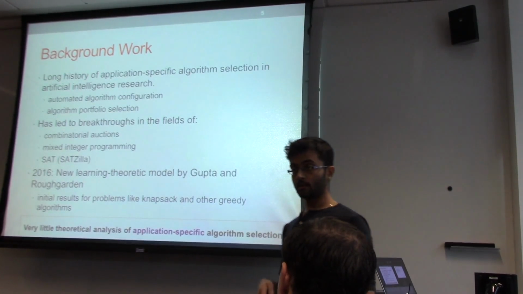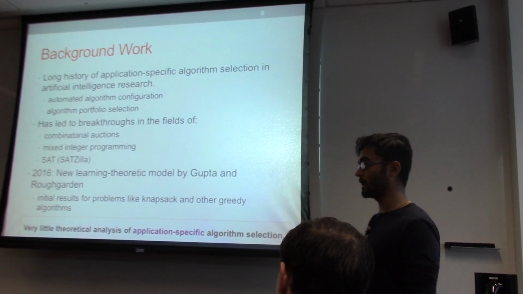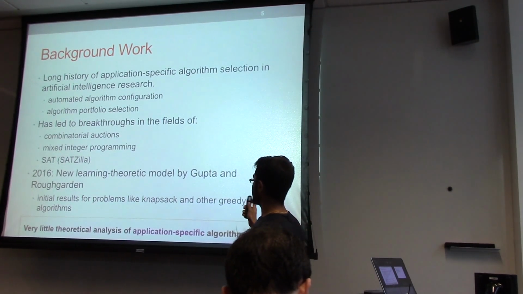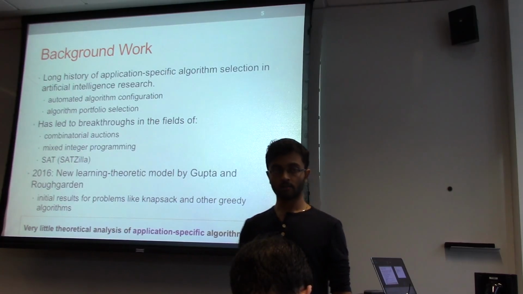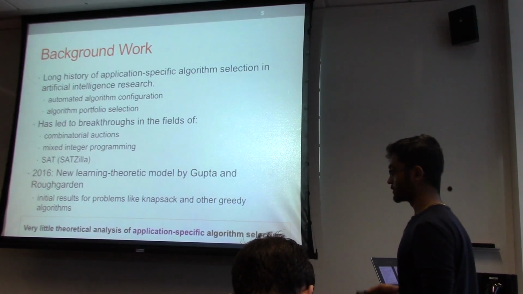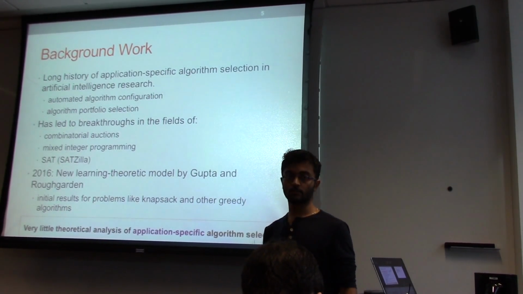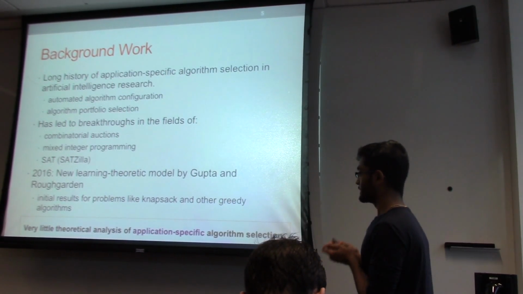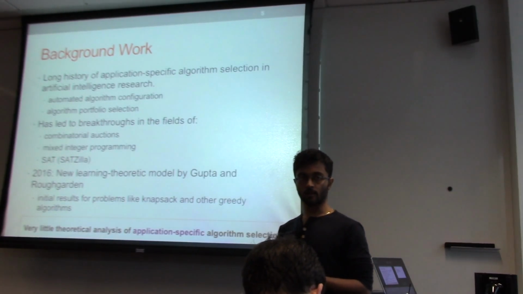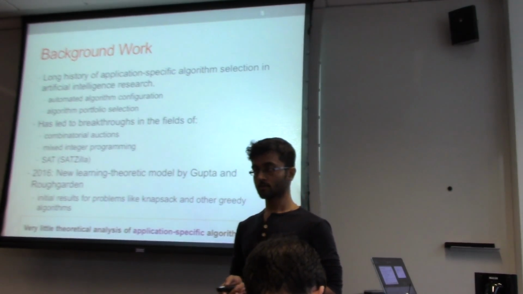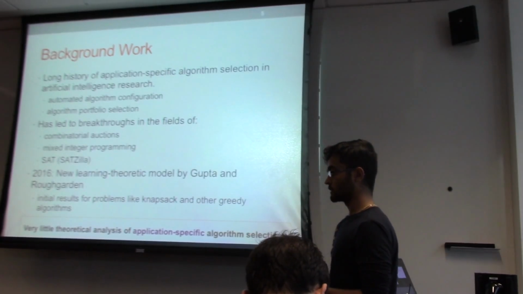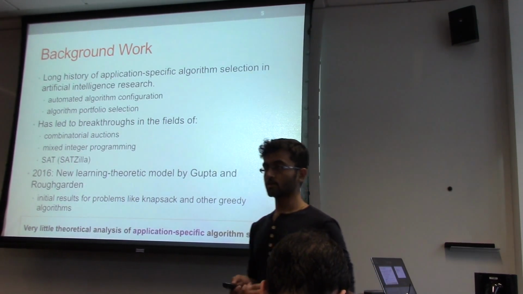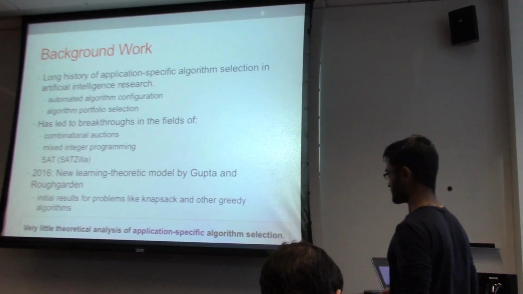Until recently, this has had only empirical research, but recently there was a learning-theoretic model proposed by Gupta and Roughgarden, which is a very general model that applies to the kind of algorithms that we consider in this talk. They proposed and studied this model for very simple algorithms like knapsack and greedy algorithms. We consider classes of algorithms which have randomization in them and which have more complex multi-stage procedures.